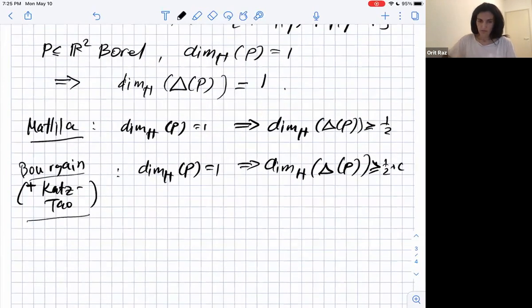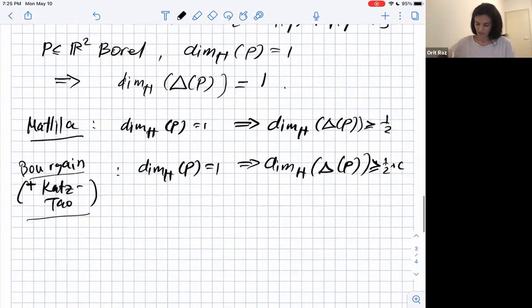The very high level strategy is the following. Katz and Tao had a paper where they formulated all of these conjectures in a discretized version.